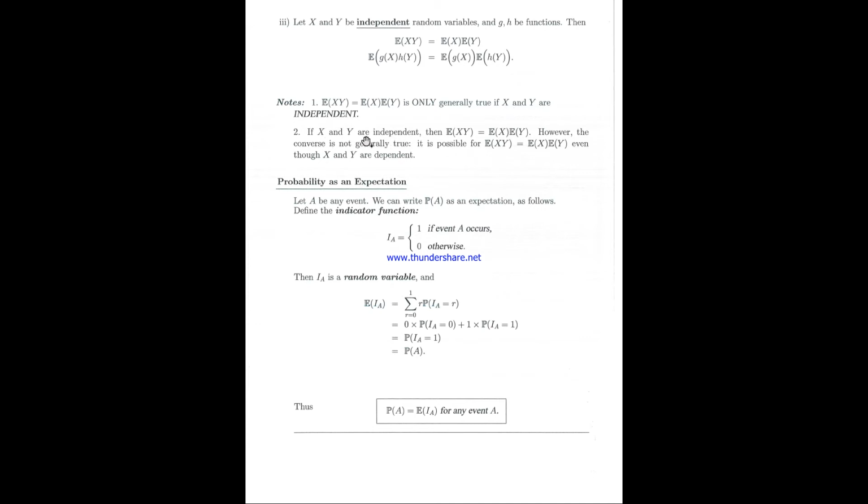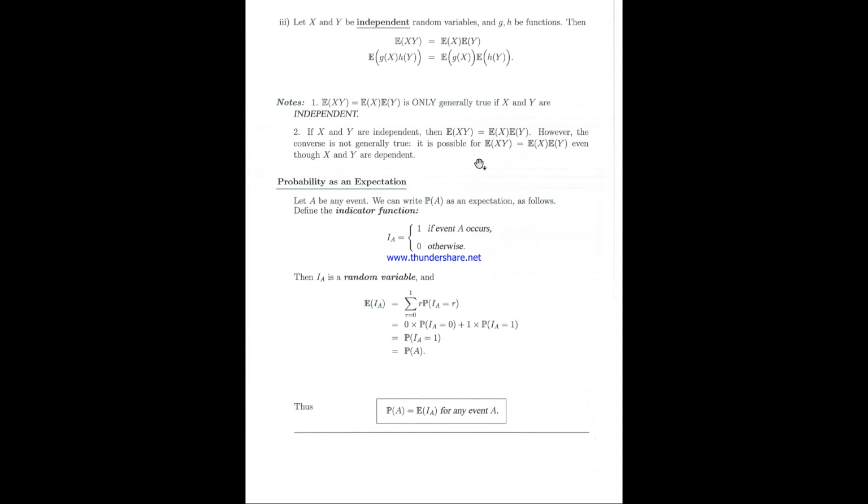That is, if X and Y are independent, then this condition is true. But the converse is not true: if the expected value of X times the expected value of Y is equal to the expected value of XY, you cannot say they are independent.